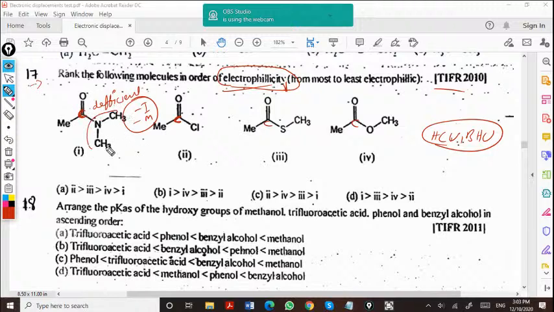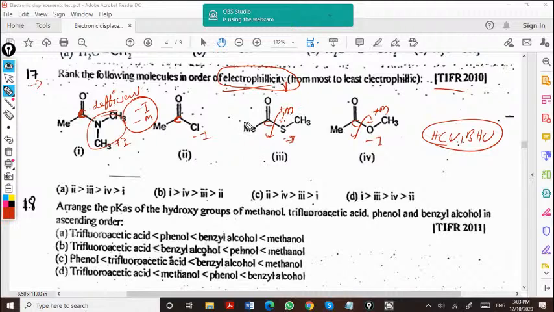Okay. So this is a plus I group, it is donating. This is a minus I group, and this is also a minus I group. This is also comparatively a minus I group. Here this can act as a plus M group, with electron donating, lone pair donating nature.